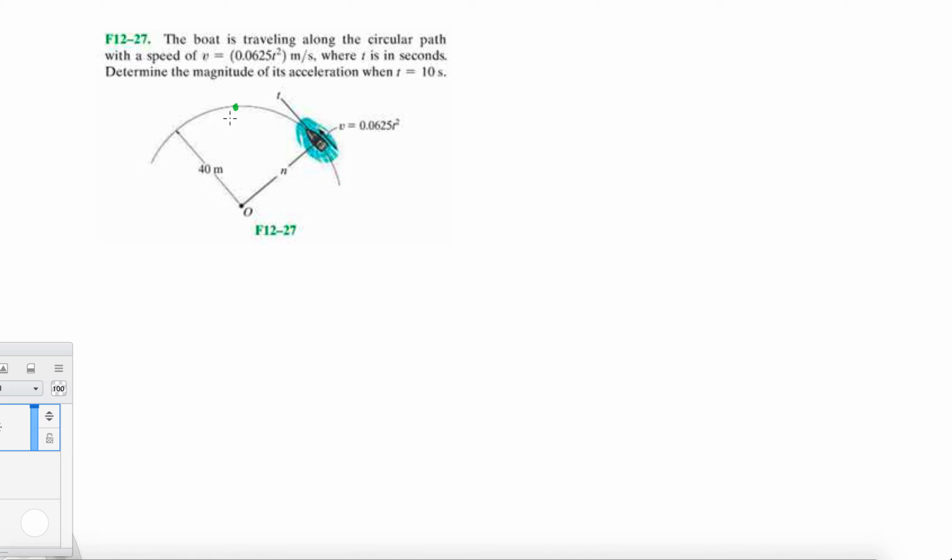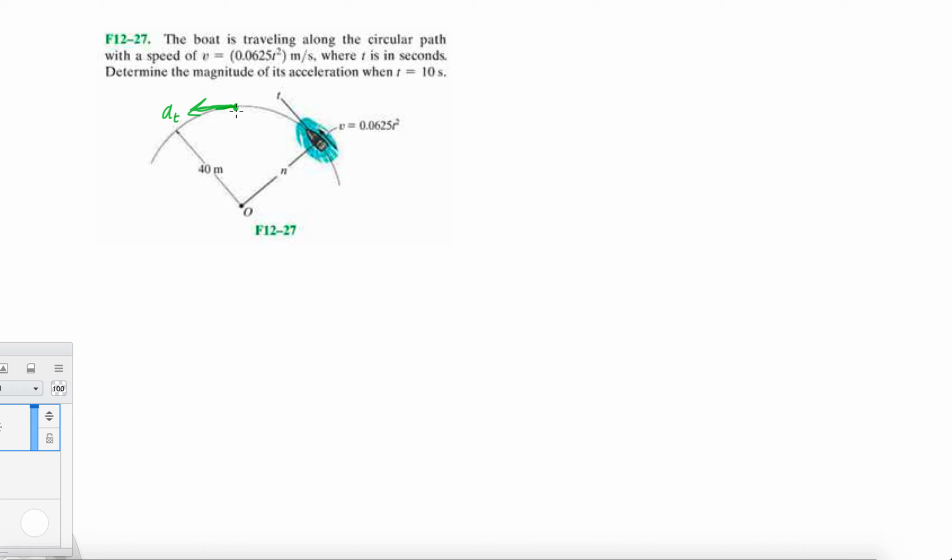In this chapter, they introduced a new form of acceleration, right? So we have our tangential acceleration, which has got to be tangent to the circle, and that's our typical acceleration that we normally find.